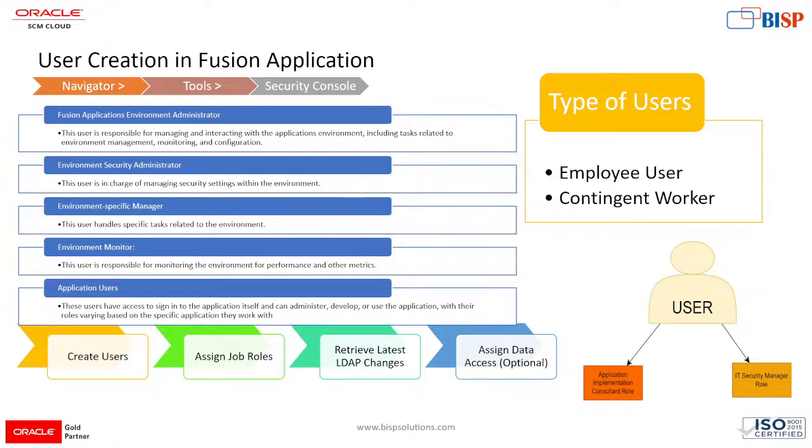There are some distinctions between the employee and the contingent worker, the employment arrangements, that are important to note. The employee works within an organization on an ongoing or regular basis, contributing to the company's operations and objectives.